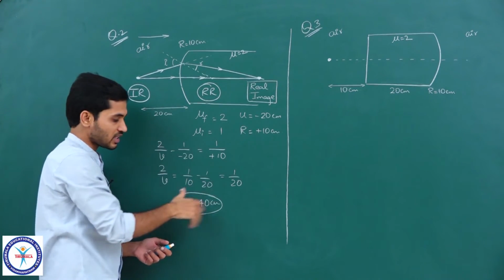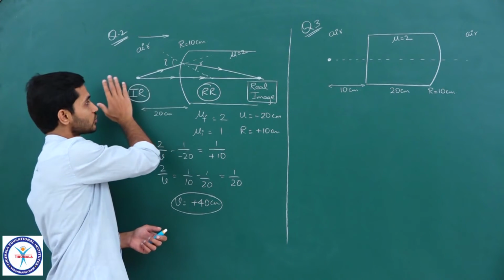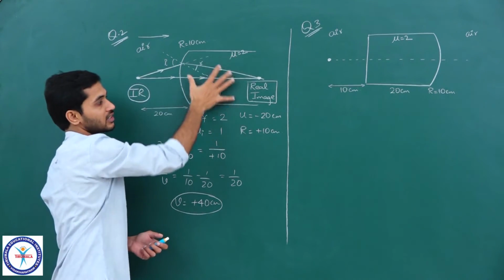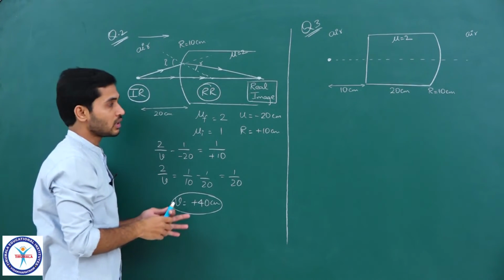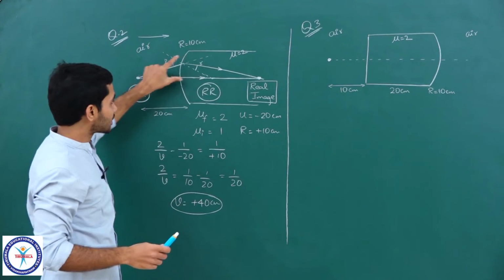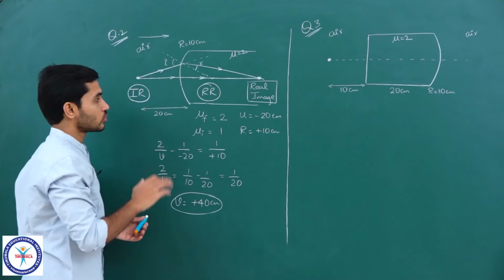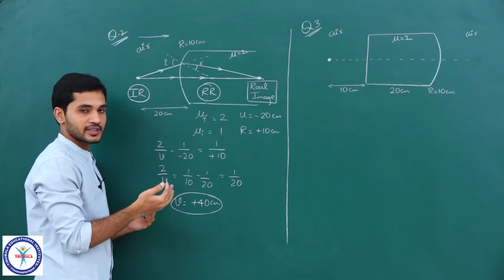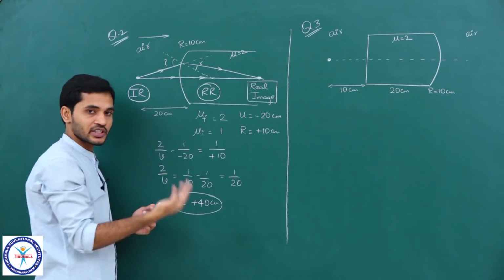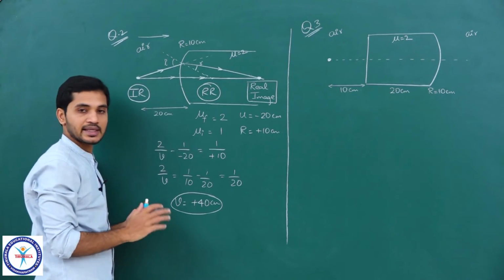If in the same scenario I would have gotten a negative value, it means image is formed here, but keep in mind, the refracted rays are in this medium. So, what does that mean? It means that the refracted rays are not actually intersecting, but when extended backwards, they appear to intersect here. Is that clear, everyone? The idea is pretty simple. If the image is formed in the final medium, then the image is real. If the image is formed in the initial medium, then the image is virtual, as simple as that.